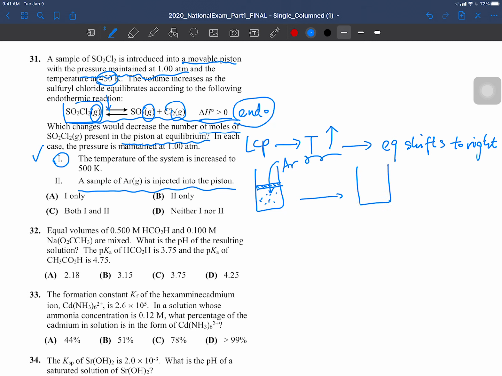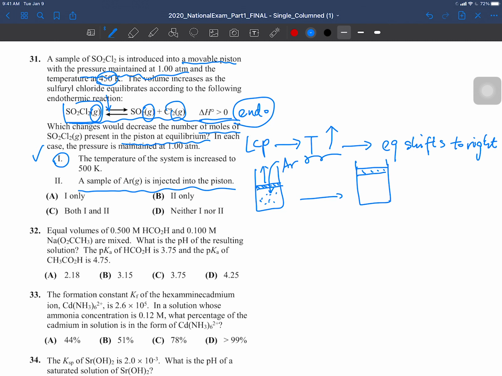What will the system change? How does the volume change? Because this one is freely movable, right? The volume will expand, right? I think I need to make it more obvious. Put it here. Does this make sense to you? The volume will expand.